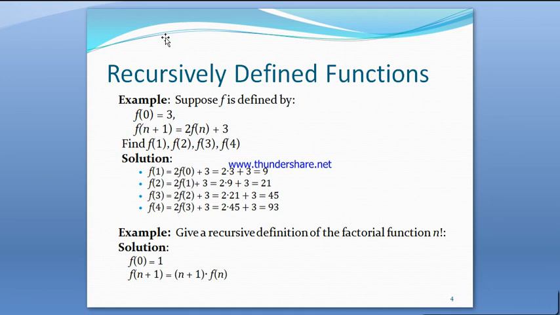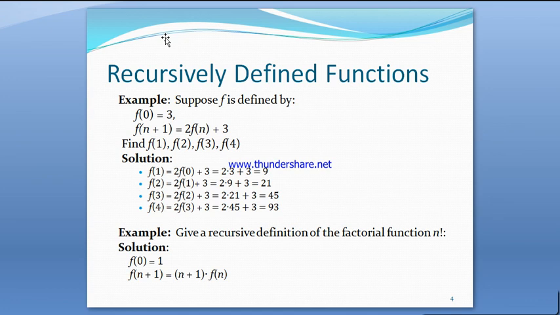Similarly, when we calculate f of 2 using the same recursive rule, it is 21, f of 3 equal to 45 and f of 4 is equal to 93. This is one of the models from recursive functions.